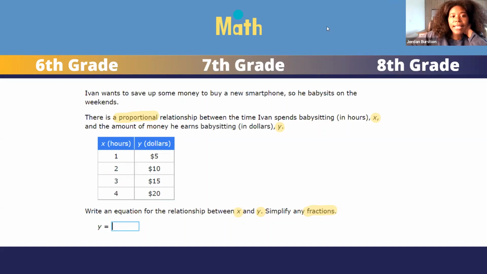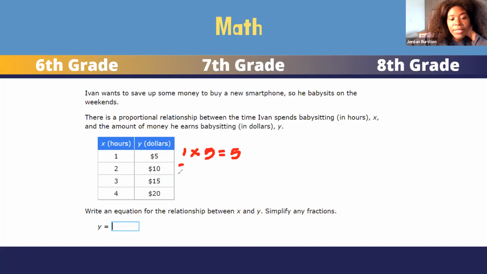So let's look at what's happening in this table. If we go from 1 to 5, you could add 4, but that's not what is happening at each of these rows. We're multiplying by 5 here. 1 times 5 is 5. Let me make sure that looks like a multiplication symbol. 1 times 5 equals 5.